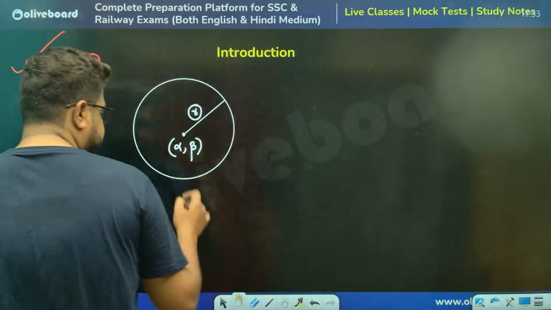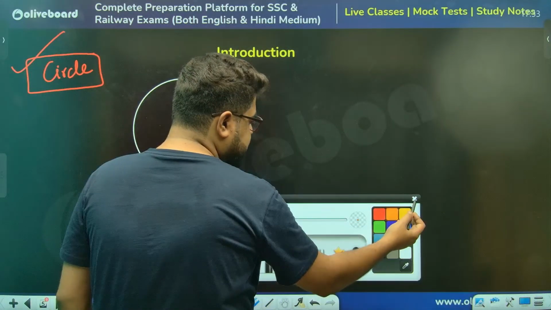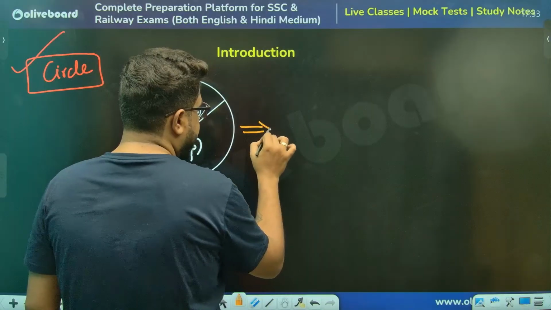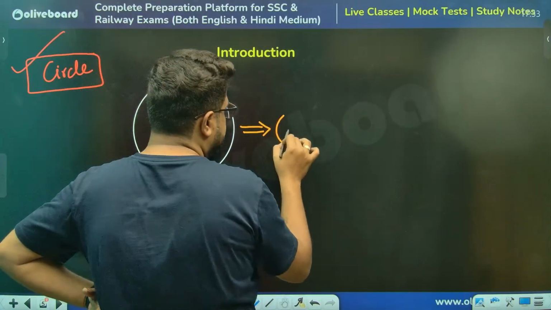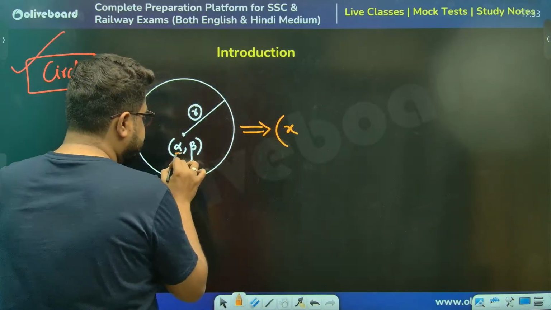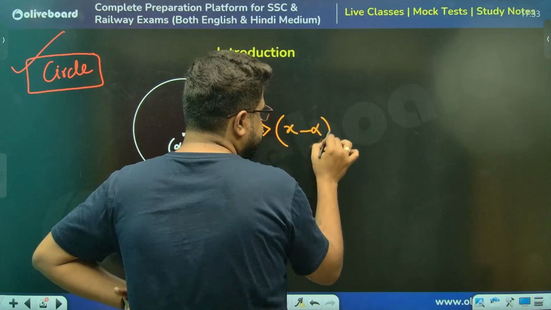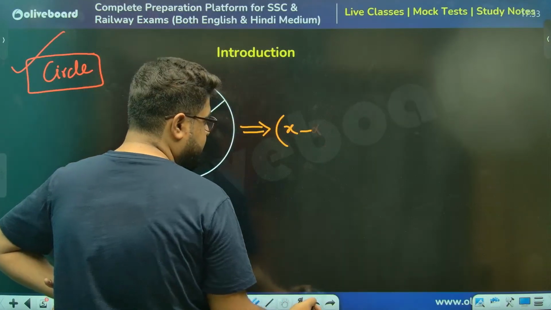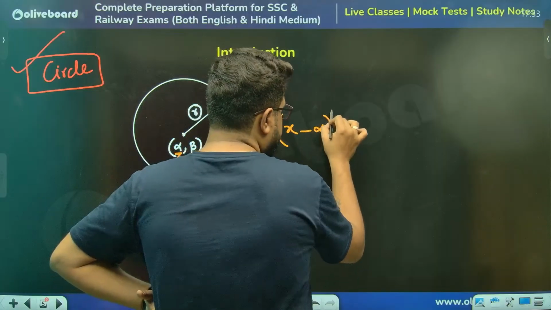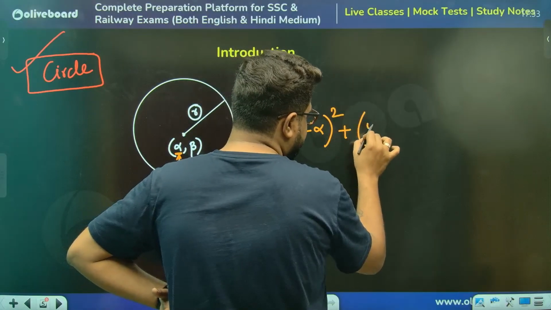So if this is given, the equation of this circle can be written as x minus alpha whole square, since the x coordinate of the center is alpha, plus the same goes with y.